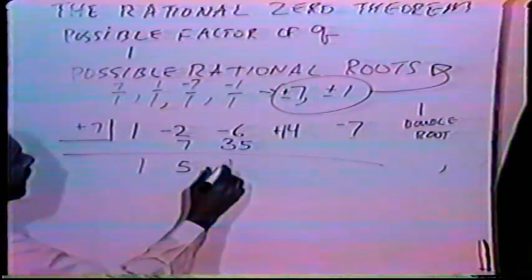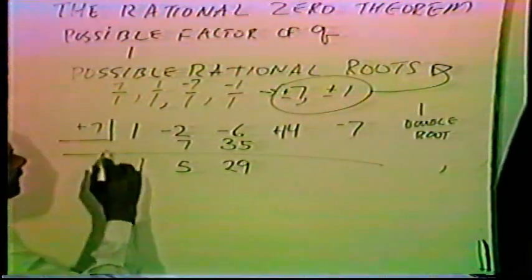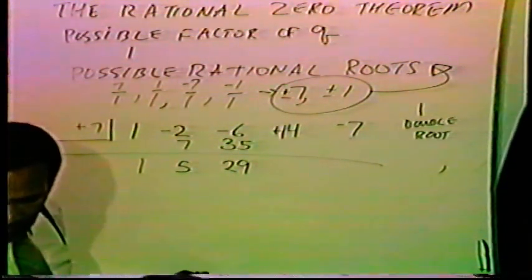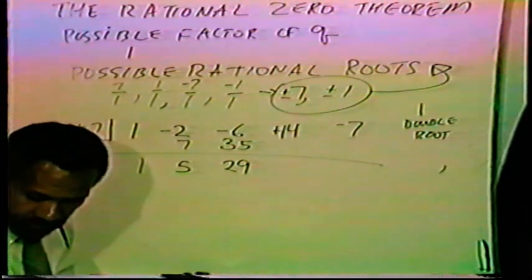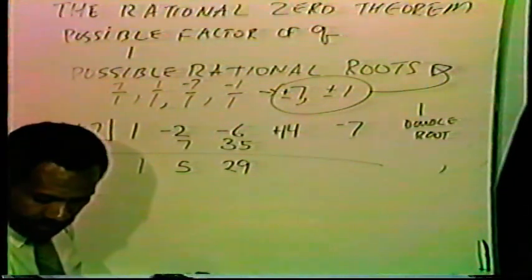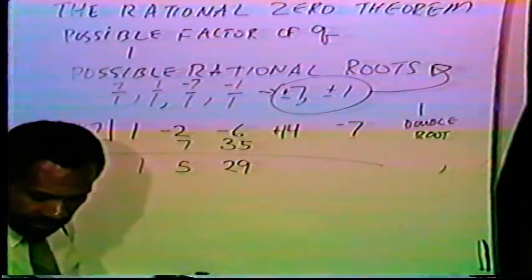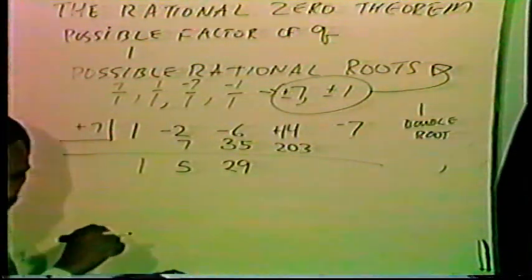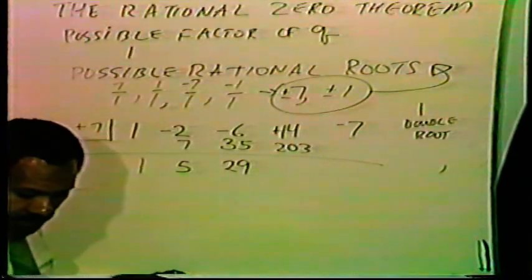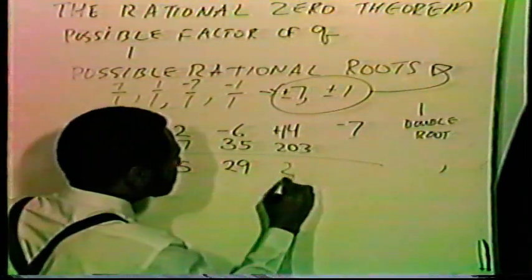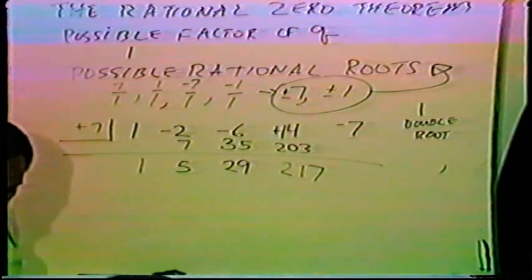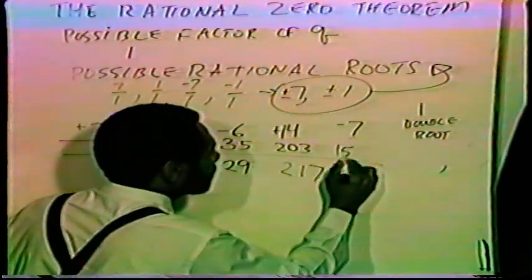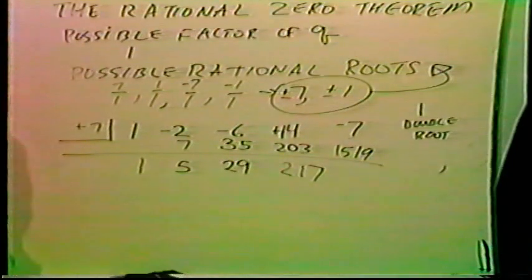Negative 6 plus 35 is 29. 7 times 29, and I have a calculator here that we can use to figure out what that is. 7 times 29 equals 203. 203 plus 14 is equal to 217, and 7 times that is equal to 1519, and we don't have a remainder of 0.